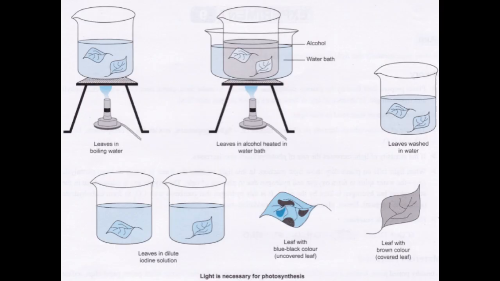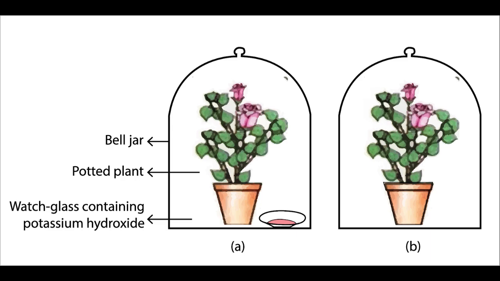What do we observe? See, in setup A, KOH is placed which has taken up all the CO2 gas. Due to non-availability of CO2 gas, plant A cannot perform photosynthesis. Hence, it does not show blue-black color when tested with iodine solution.